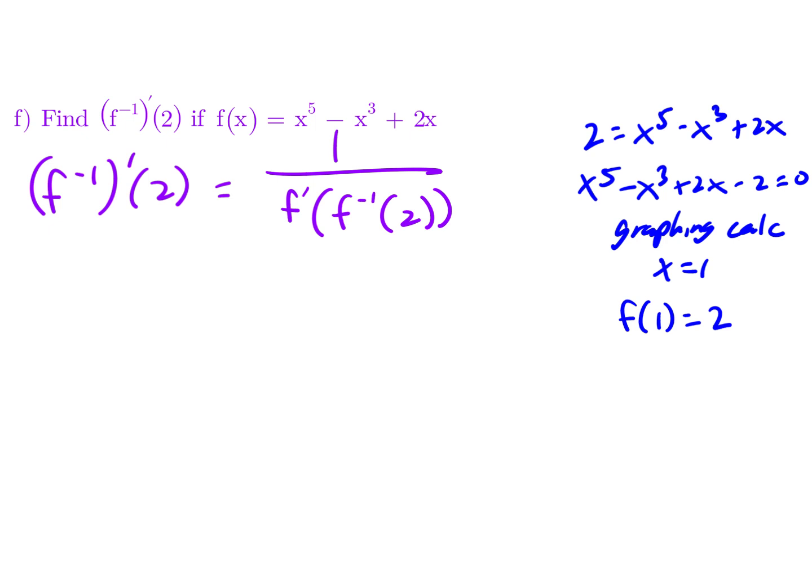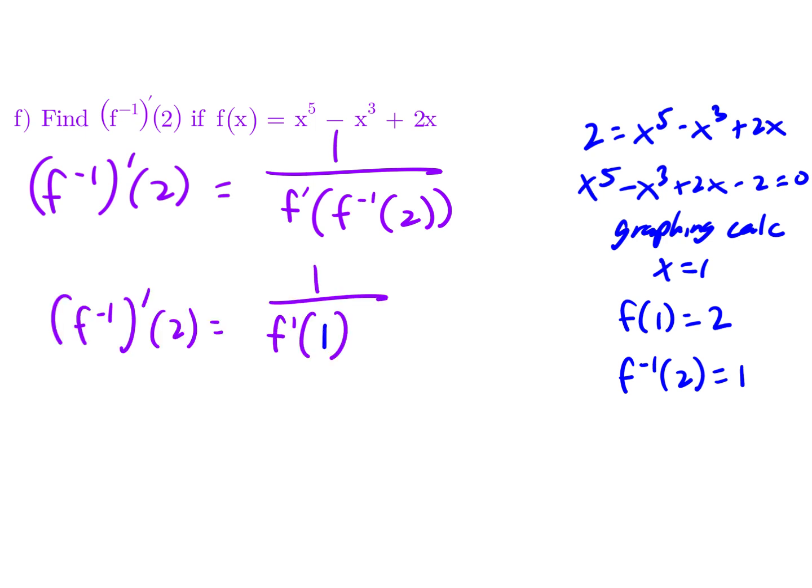So this means f of 1 equals 2. This is what we've proven. X is 1, y is 2. Which means if I flip it, then I get the inverse. The inverse at 2 is 1. Which means all of this right here is 1. And this is where I say it's a little tricky.